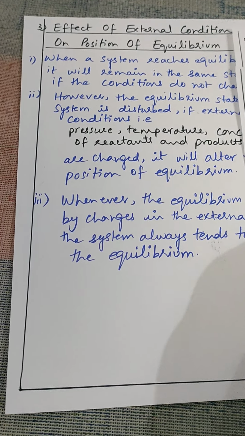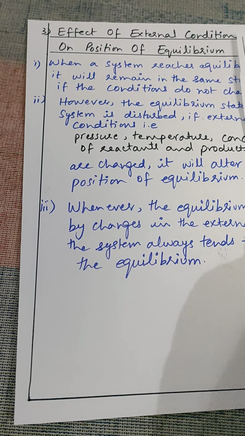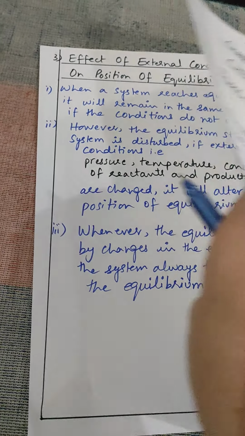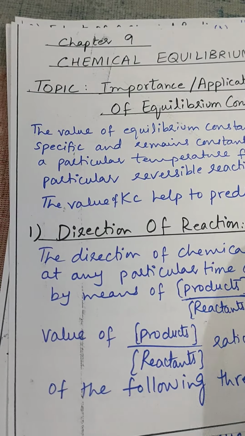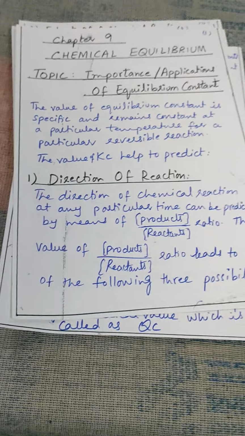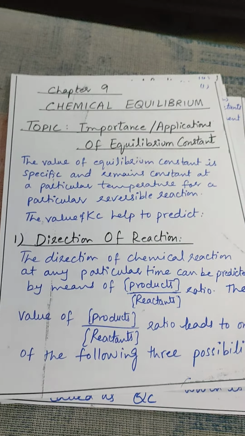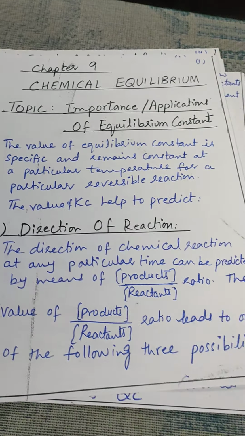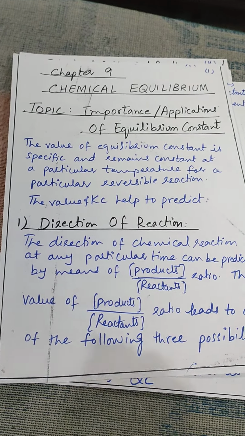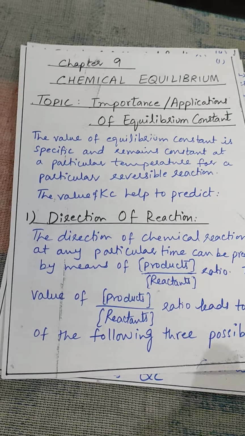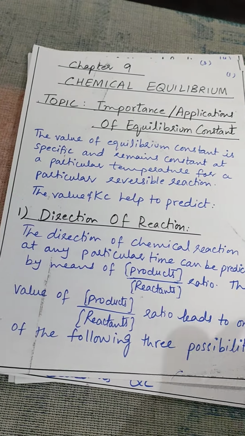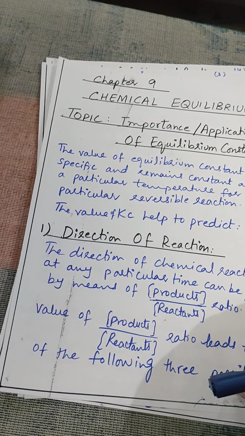Before going to discuss the topic in detail, first of all you should know what is the direction of reaction, or how we can predict the direction of the reaction. The direction of the chemical reaction at any particular time can be predicted by means of the product by reactants ratio. So the value of the product ratio leads to one of the following three possibilities.